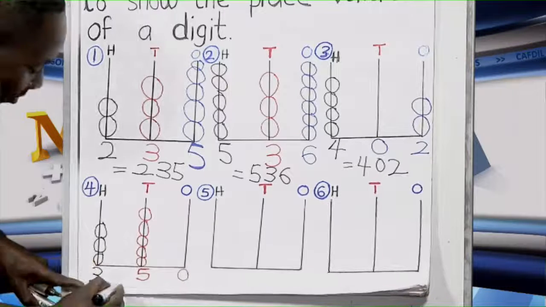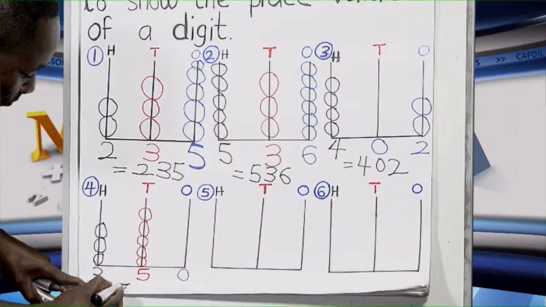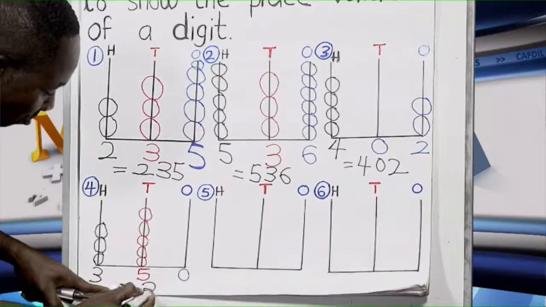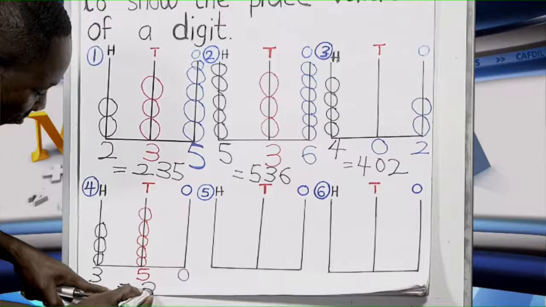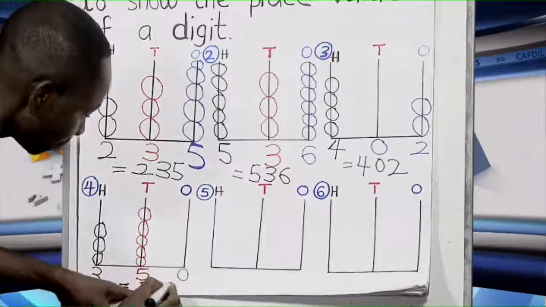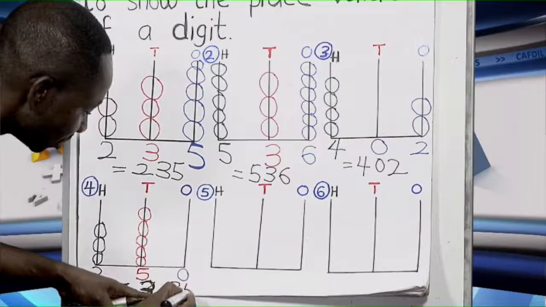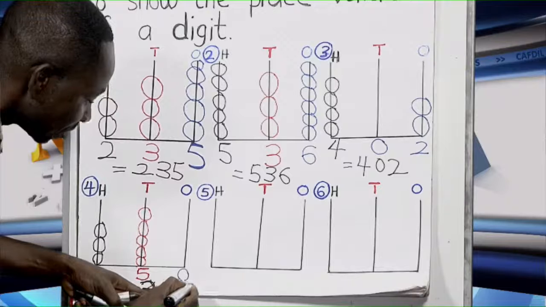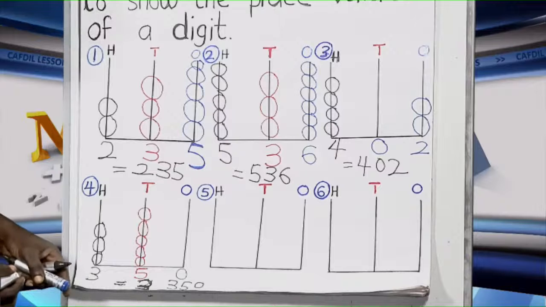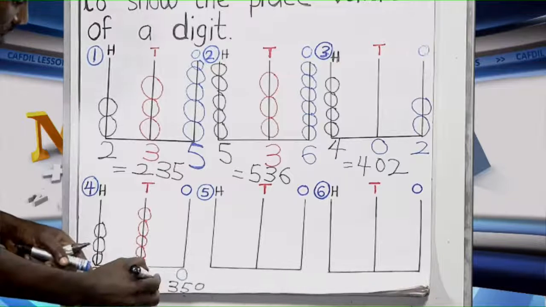And this gives us 300. Let me write it well here. 350. So you have 350. You don't have anything here.